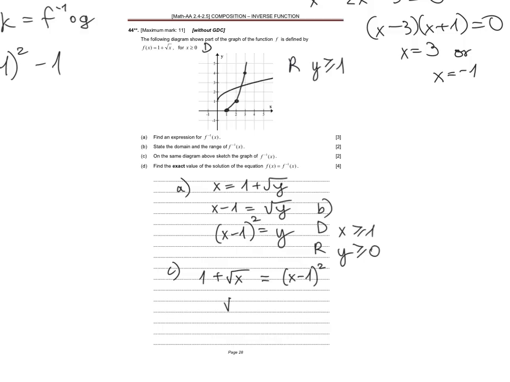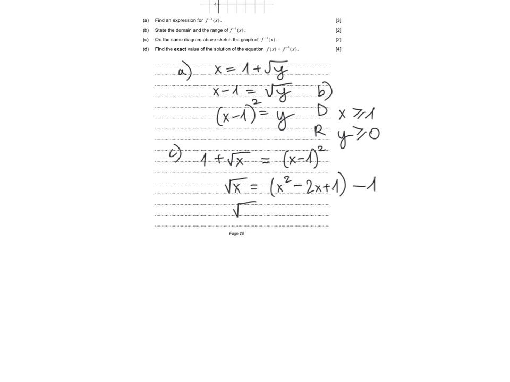Okay, so I'm going to expand this out. x squared minus 2x plus 1, and then we're going to minus that 1. So then we will square both sides. So we're going to have x equals, those cancel, x squared minus 2x squared.